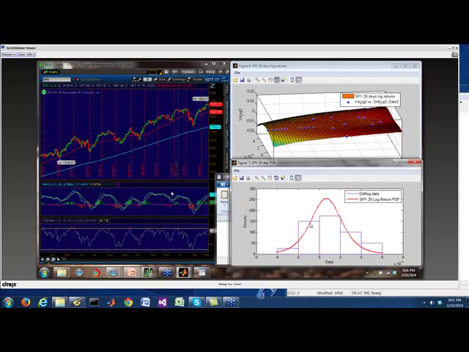A really risky trader might say, okay, I'm going to just work in the 68% range, which is the 1 sigma range. So if it's a little bit below, if it's trading around here, then I'm going to long it. If it's going to trade around here, I'm going to short it. But that's a little bit more risky.